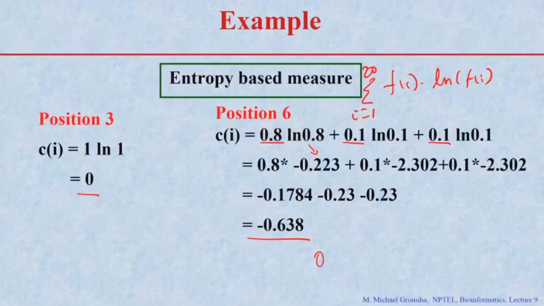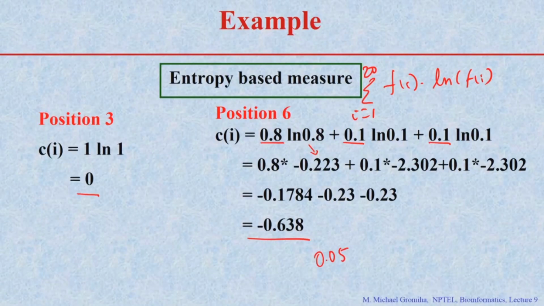If 20 different amino acids are distributed randomly, what will the score be? It is 0.05 for each amino acid, so 0.05 into logarithm of 0.05, and we get this 20 times, so multiplied by 20.